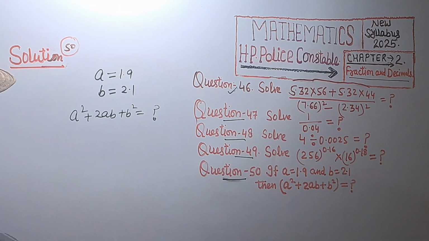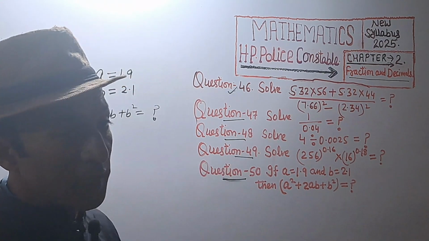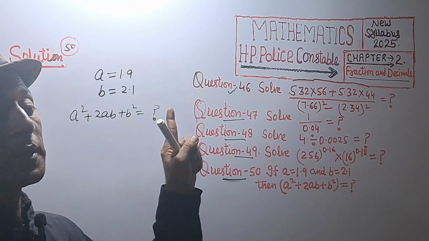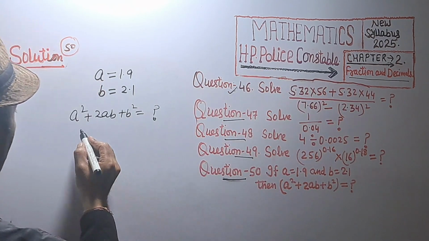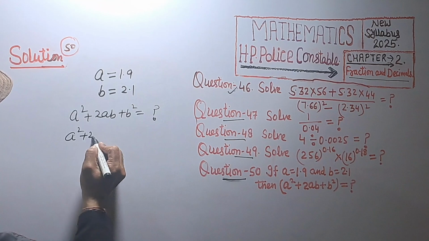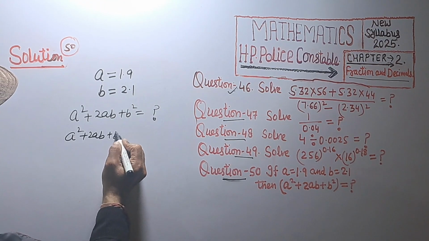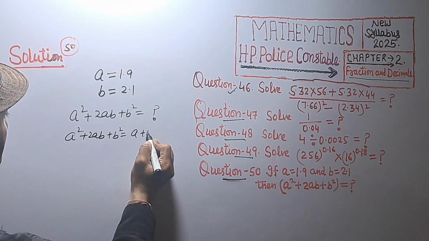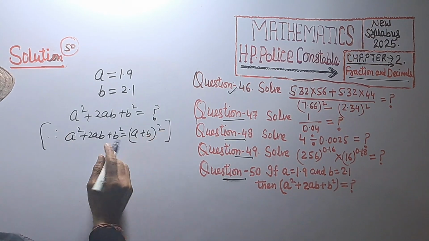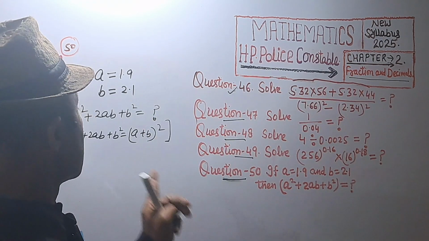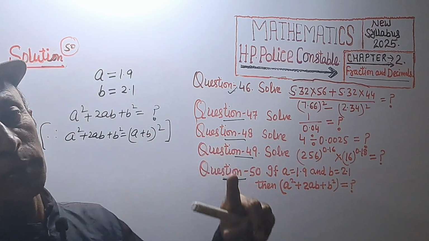As we know that A square plus 2AB plus B square equal to A plus B raised to power 2. It's a formula: A plus B raised to power 2 is equal to A square plus 2AB plus B square.